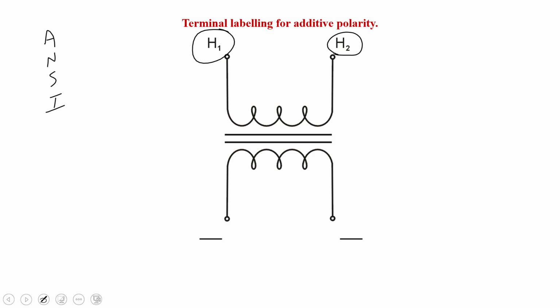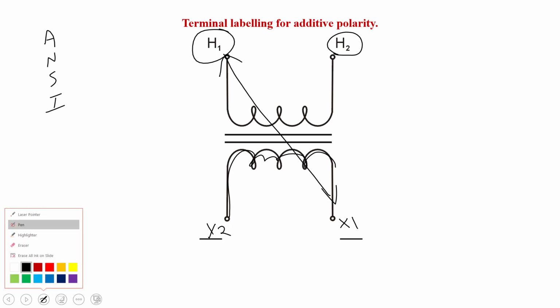So in this case, if we were to have an additive transformer, the X1 should be exactly the opposite corner as the H1. And the other side of the X1 winding will be labeled as X2. So that indicates the polarity of the transformer.